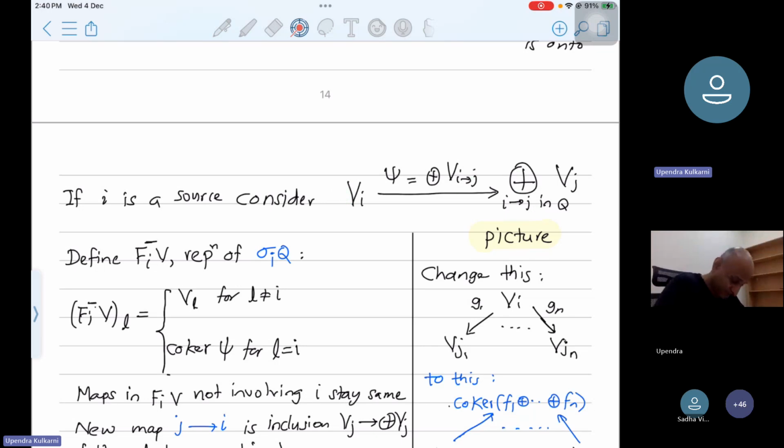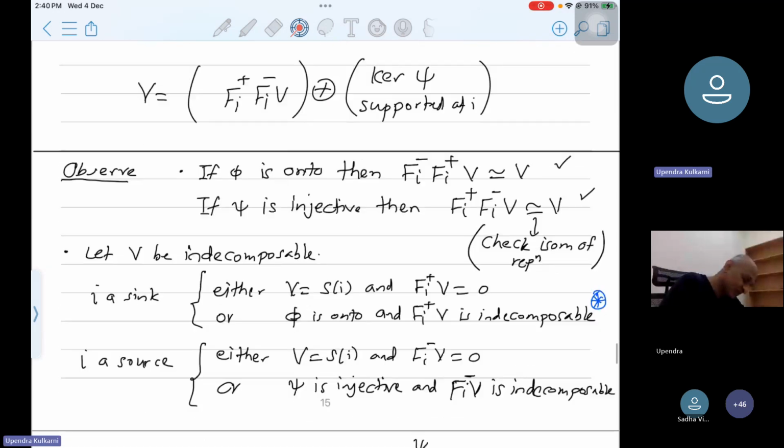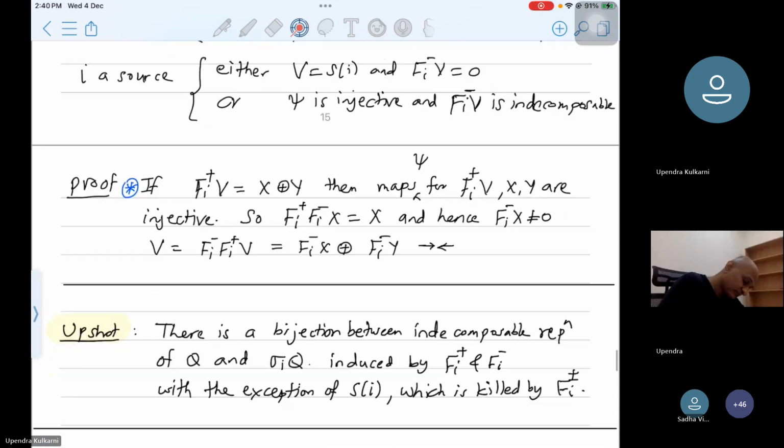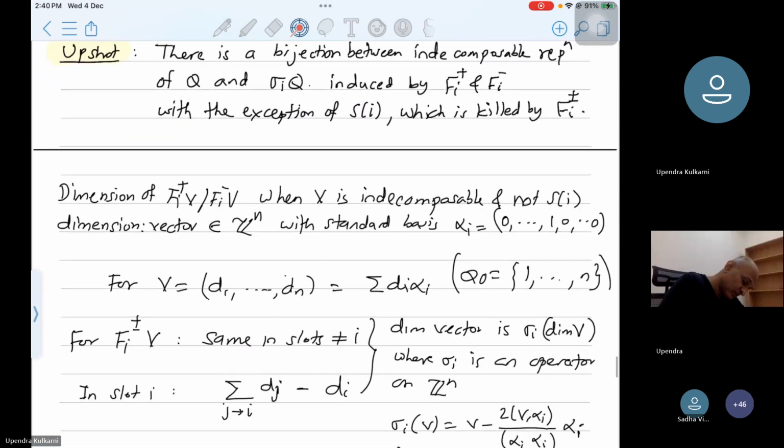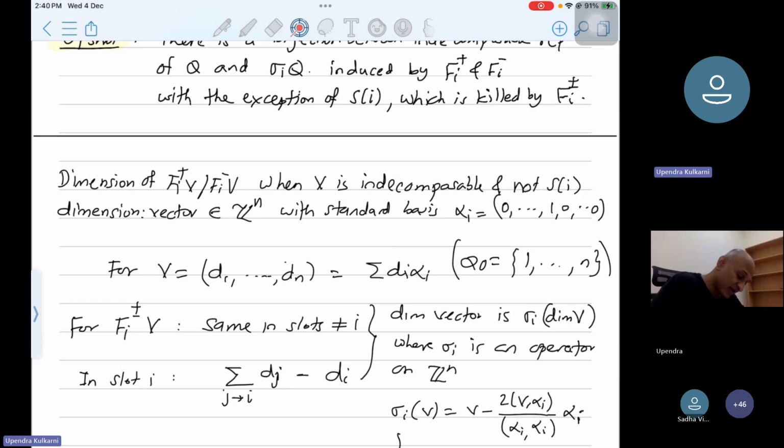So the dimension of the co-kernel is the dimension of the target minus the dimension of the source, and I get exactly the same number: the sum of dimensions of all the neighbors minus the dimension of I. So in slot I, what I get is the sum of the dimensions of all the neighbors minus this.